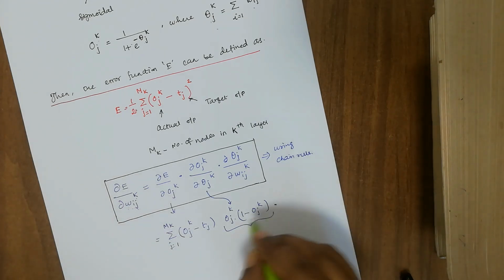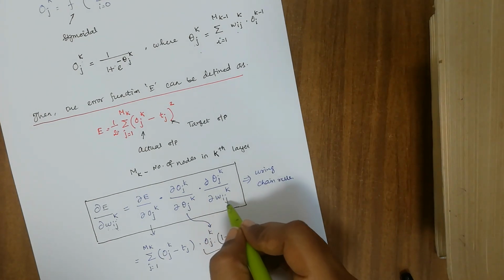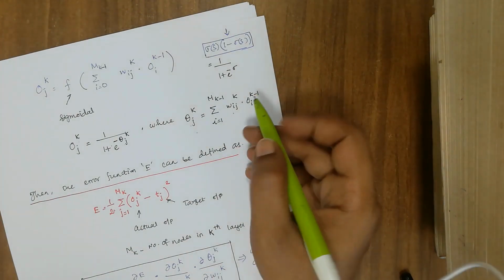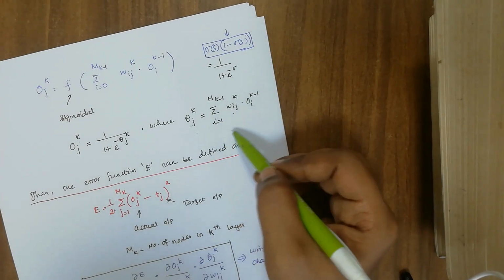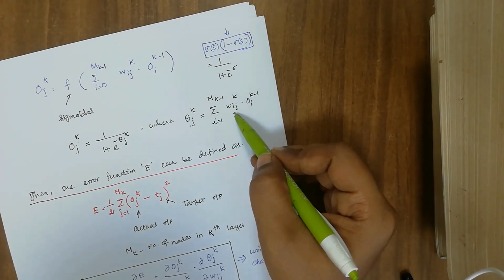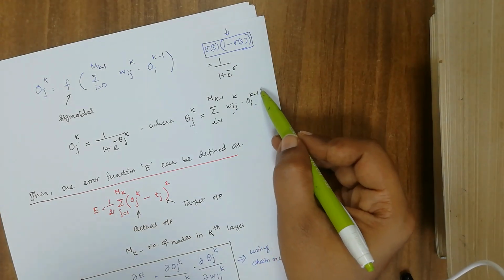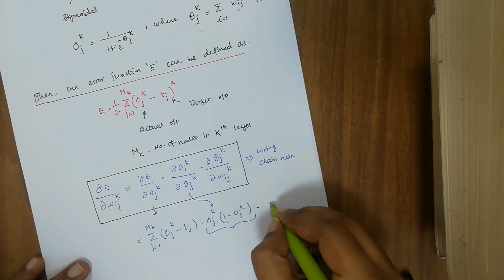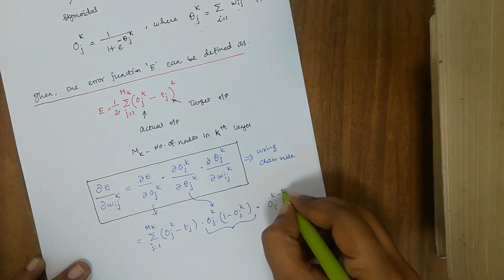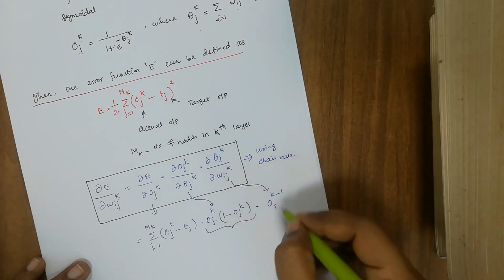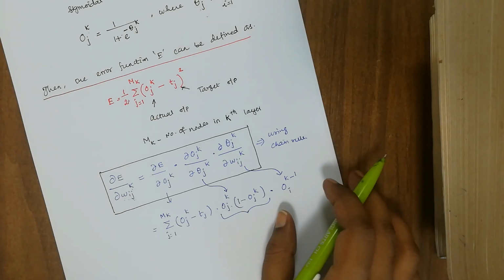And what is left? Take the derivative of theta jk with respect to wij. When we take the derivative of this form with respect to wij, what is left is O subscript i capital K minus 1. This is the result of the derivative of this term.